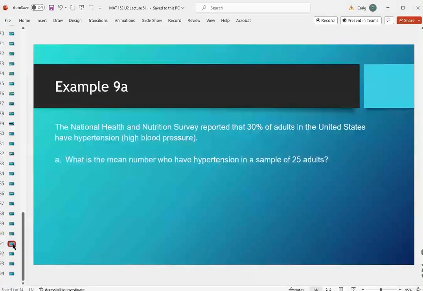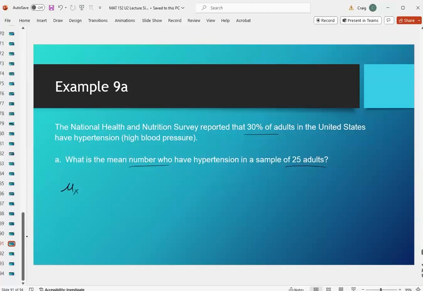So let's look at these examples here. Okay, and I'm going to try to show you at least one of these in Excel towards the end, right? So here we reported that 30% of adults in the United States have hypertension. What's the mean number who have hypertension in a sample of 25 adults?